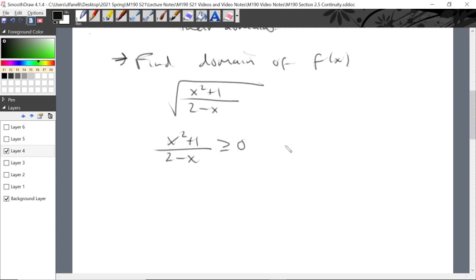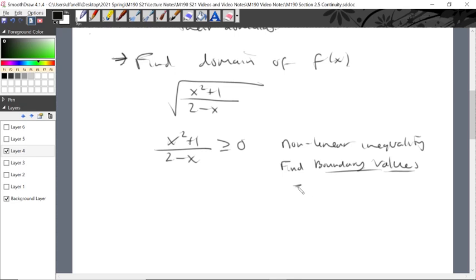Solving this non-linear inequality, we find the zeros of the numerator and the zeros of the denominator as boundary values. You should have studied this in a pre-calculus course, possibly even an algebra course as well. Find boundary values of the domain interval.